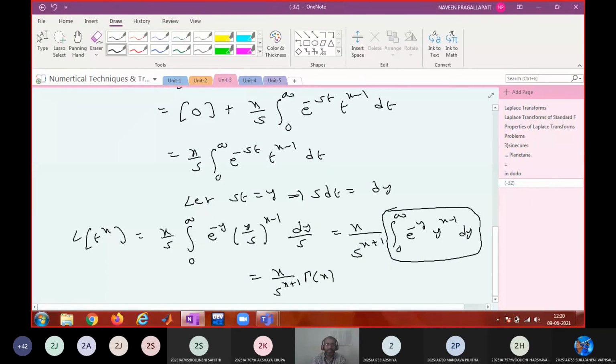Gamma of x. Agreed or not? Gamma of a is the integral of e power minus t t power a minus 1 dt, so this is gamma of x. What is x into gamma of x? Gamma of x plus 1 by s power x plus 1, where s is positive. Agreed or not?